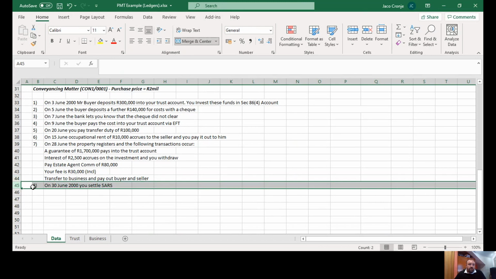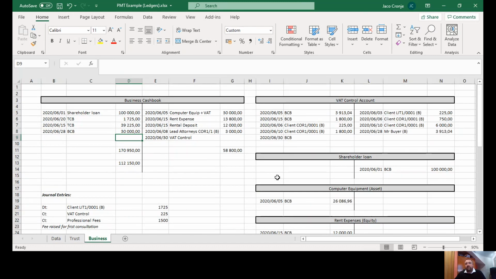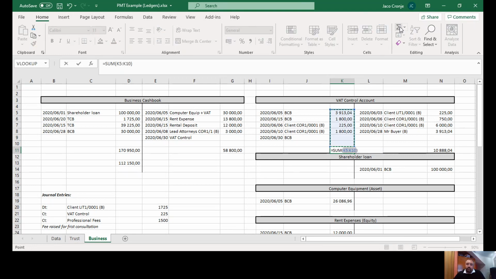Right, and then lastly, on 30 June 2000, you settle SARS. So this means we are now going to settle SARS for our VAT liability. Now again, we've got to see, we say that we owe you for the fees that we've done, 10,888, and you're going to give us back all the expenses that we paid, and our agent's allowance.